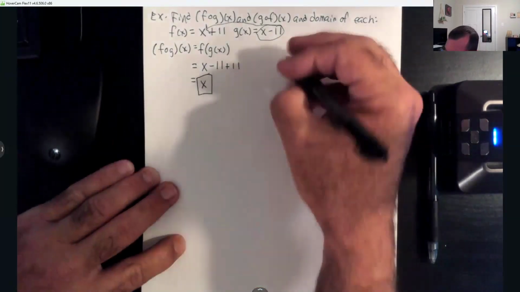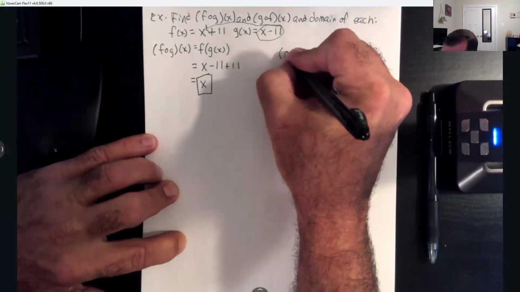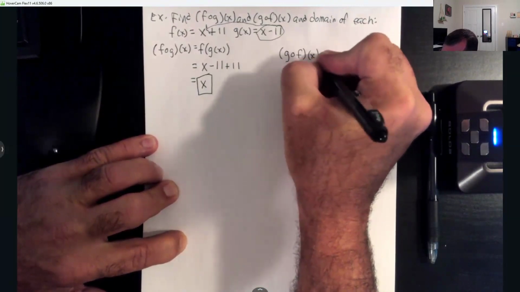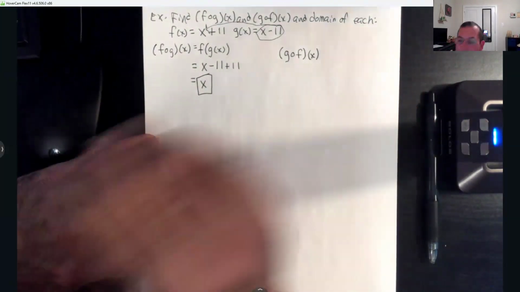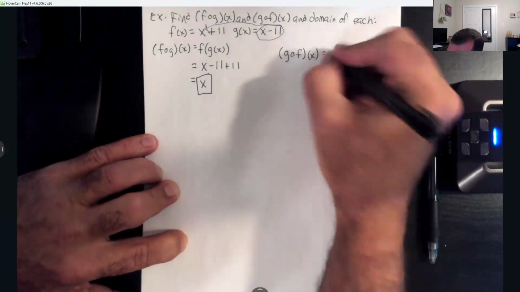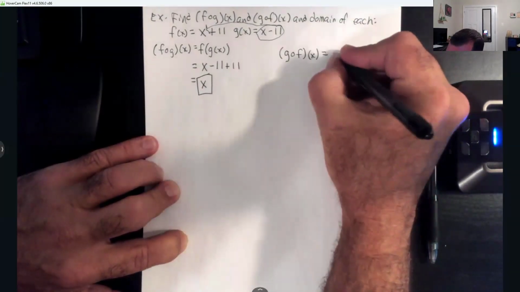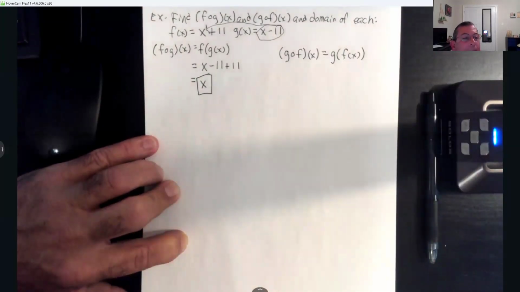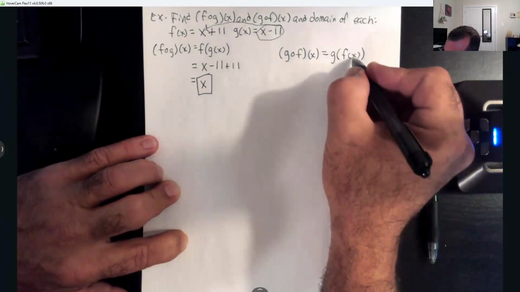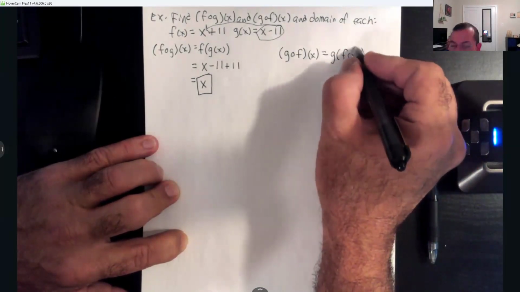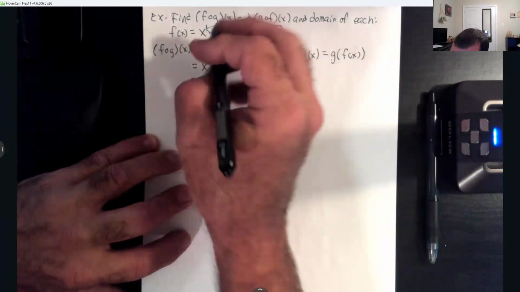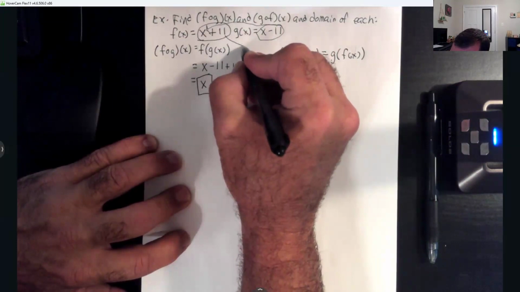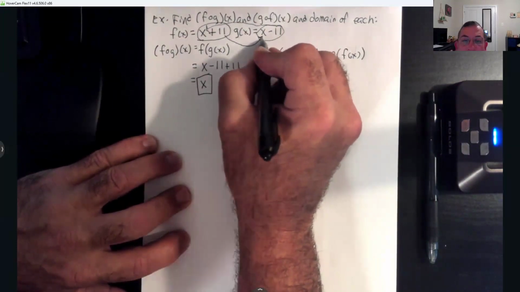We'll put in the x, and then the computer is going to ask, what is g of f of x going to equal? Remember, this is the opposite. This will be g of f of x. That means we'll take the f of x equation and put it into the g. f of x is x plus 11, so I'm going to put that into that x.